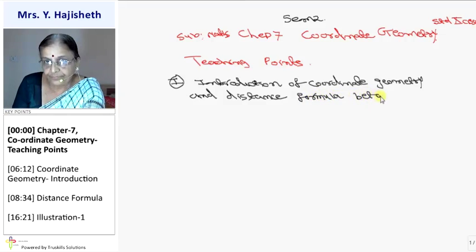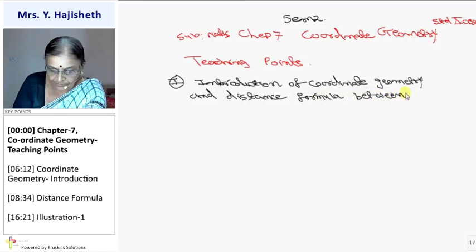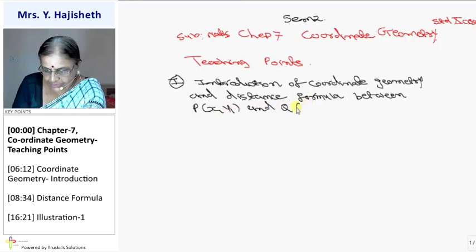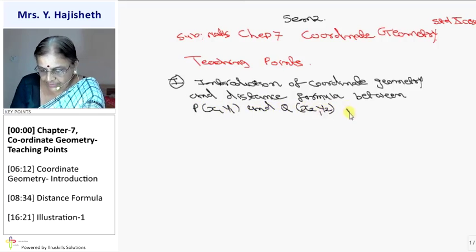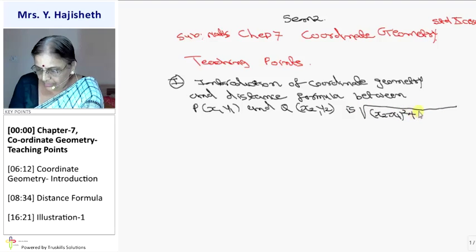Between P x1, y1 and another point Q whose coordinates are x2, y2, the distance between them is defined as under root (x2 minus x1) whole square plus (y2 minus y1) whole square.